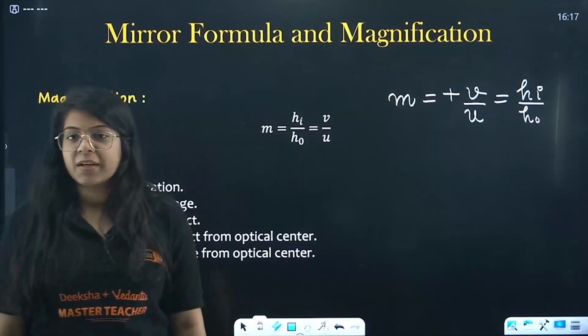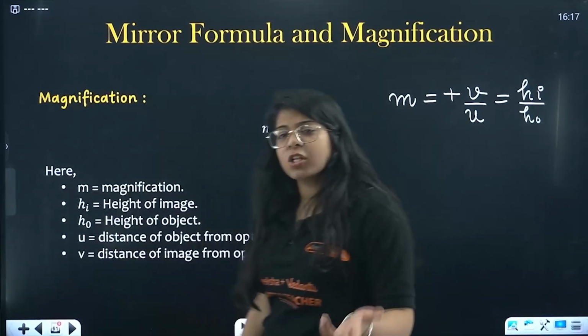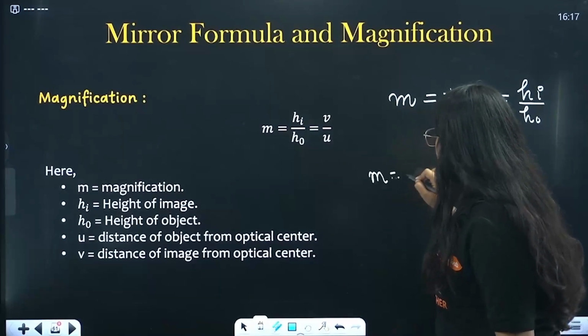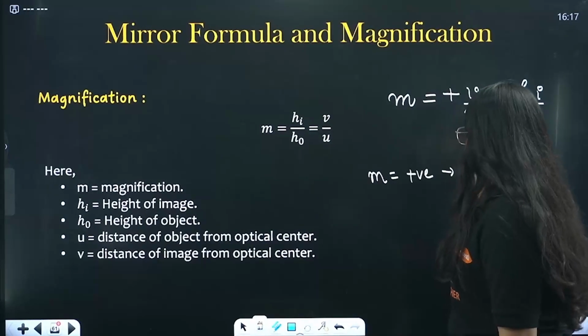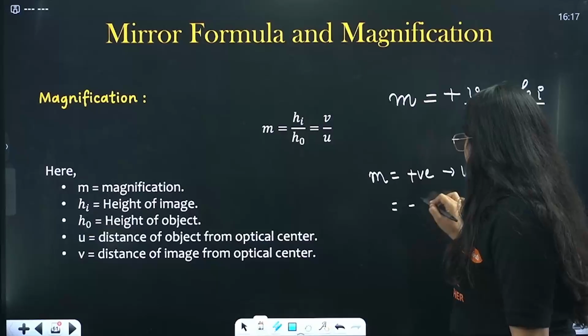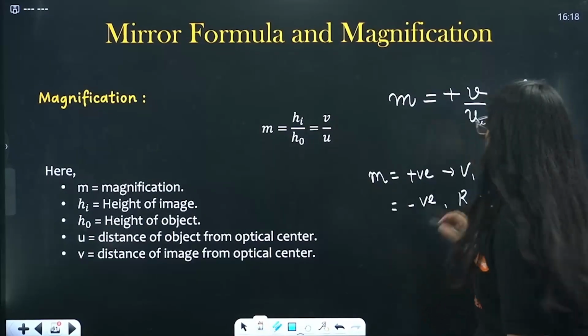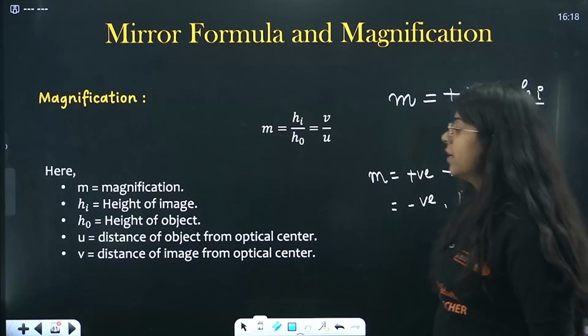That is it. Now in this case also, this remains the same. If the magnification is positive, it is virtual and erect. If it is negative, it is real and inverted.